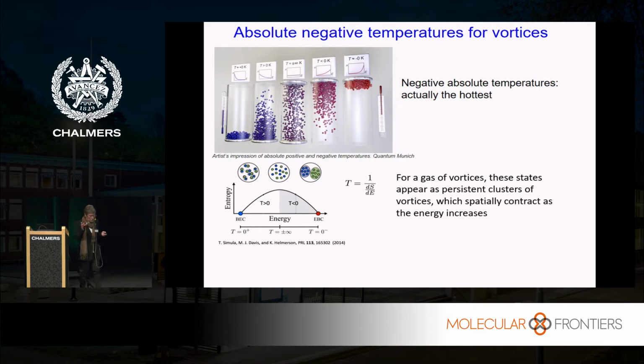In order to get a Bose-Einstein condensate, as Emmanuel told you yesterday, you need temperatures of the order of nanokelvin, so you are close to absolute zero. Here I have my BEC. What I'm plotting here is entropy versus energy of the system, and energy equals temperature, we can say. So I'm plotting absolute zero, plus or minus infinity, and minus temperatures, negative temperatures.